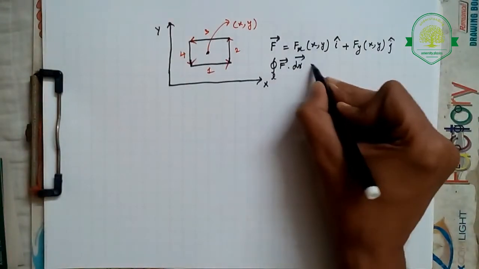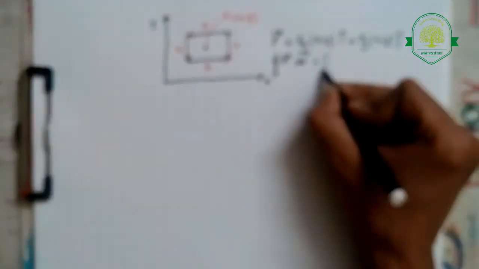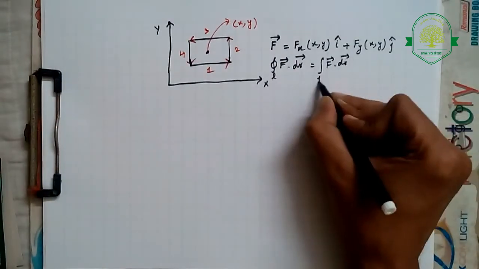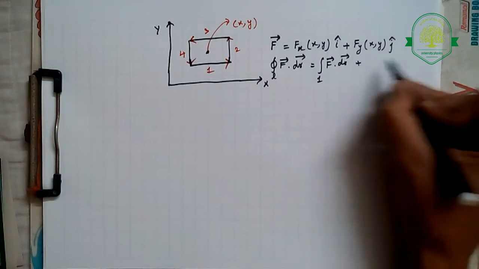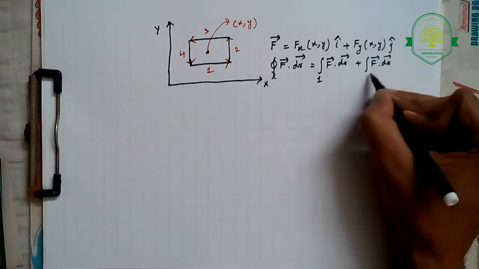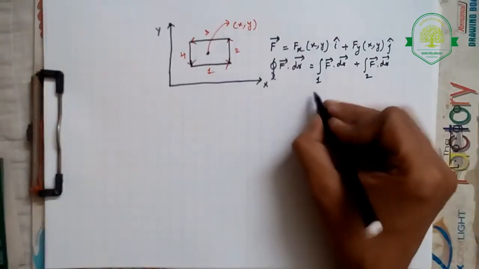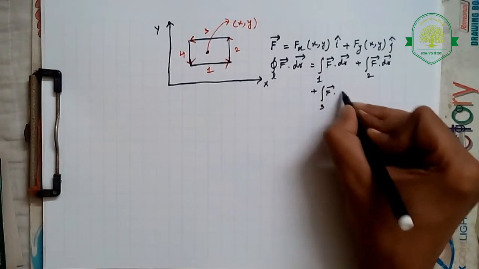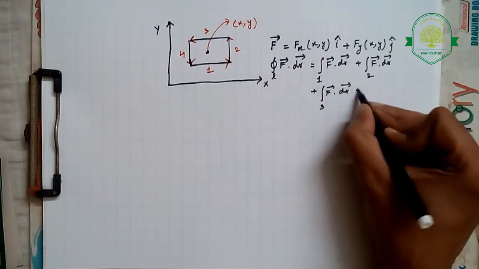So this simply becomes f dotted with dr along 1 plus f dotted with dr along 2 plus the same thing along 3 plus the same thing along 4.